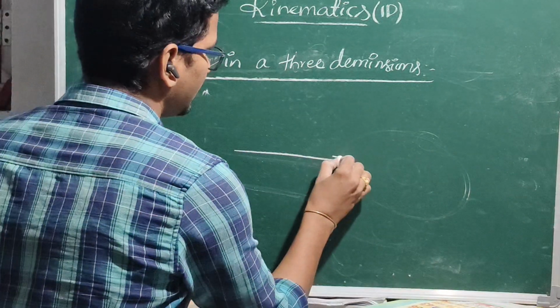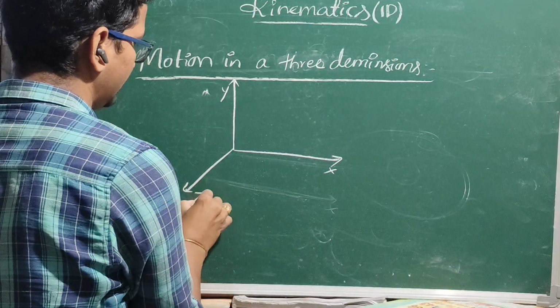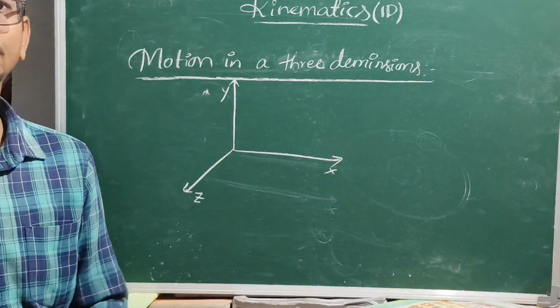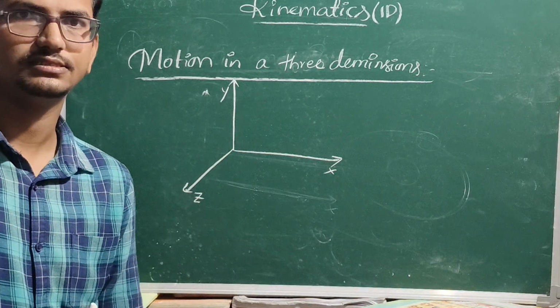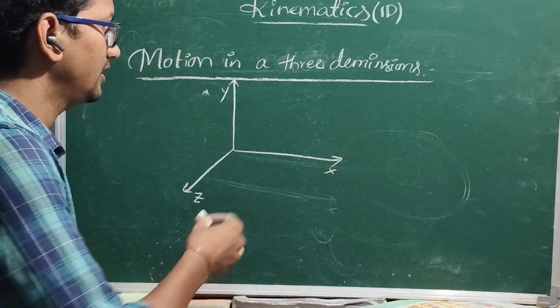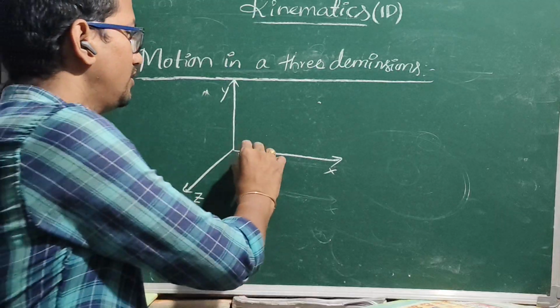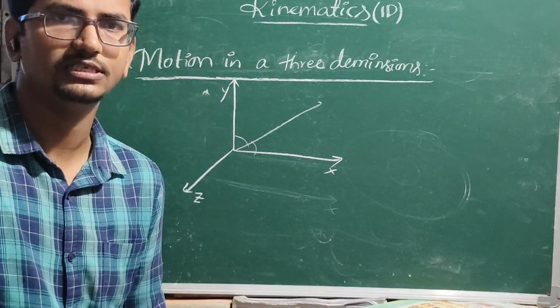We have to consider all three coordinate systems. The particle will be in space. Already we discussed vectors and the position vector. If the particle is in space, we require the resolution of the vector in three dimensions.